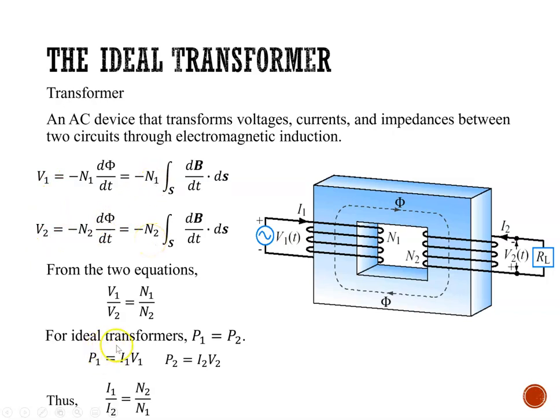For ideal transformers, the power should be the same, so P1 should equal P2. We have P equals IV, so P1 is equal to I1 V1 and P2 is equal to I2 V2. In the end, we have the ratio of I1 over I2 equal to N2 over N1.